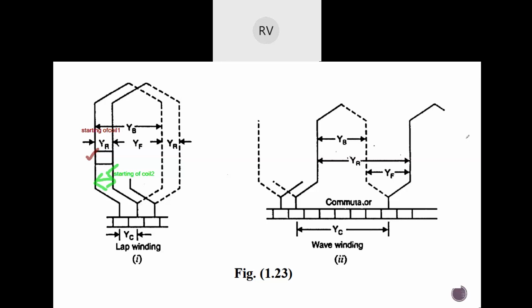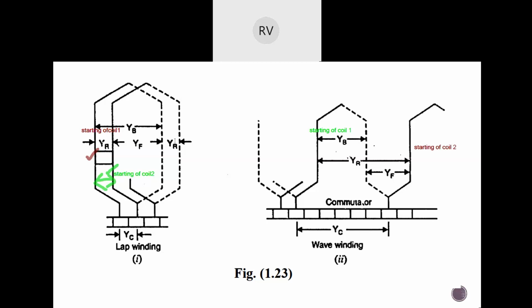Let us see in the case of this one. Here you can understand much more clearly. Here this is the starting point of coil 1. Similarly, here you can see this is the starting of coil 2.